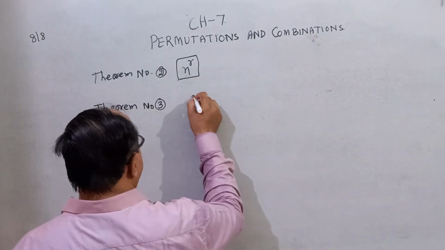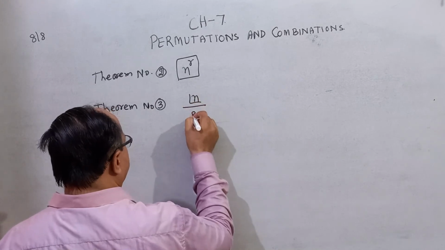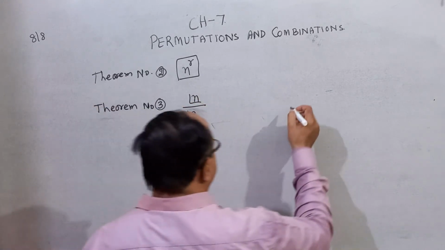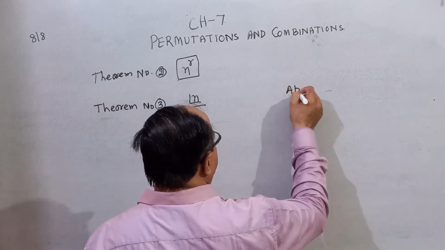So therefore you can say n factorial by p factorial. For example, the word apple.